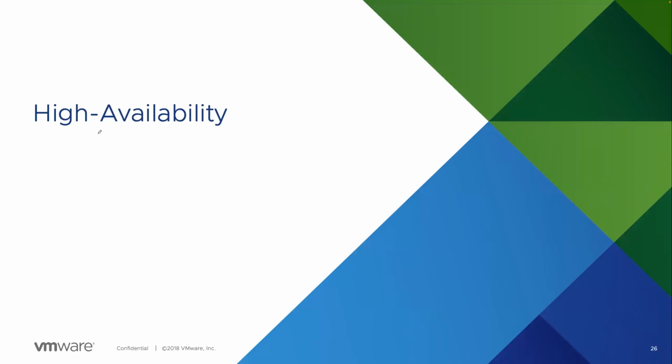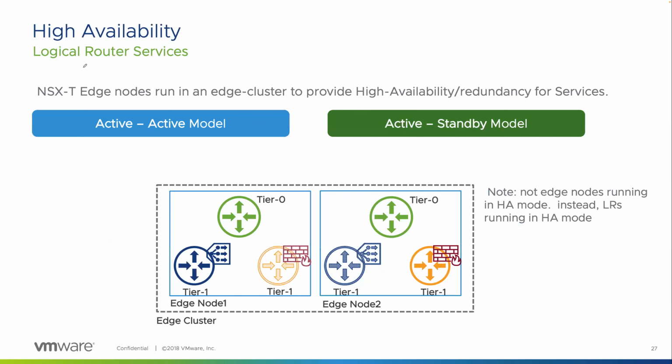Let's talk about HA, high availability, because we already mentioned that. When we talk about high availability, we talk about logical router high availability, not high availability of the edge node.